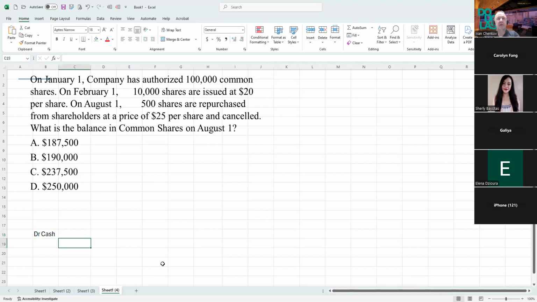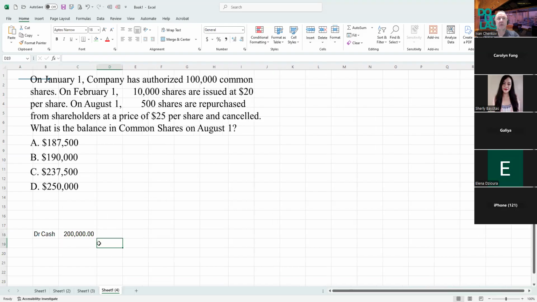How much cash are we going to get? 10,000 times $20 per share. Make sense? And that will be credit common shares for the same amount. Correct?